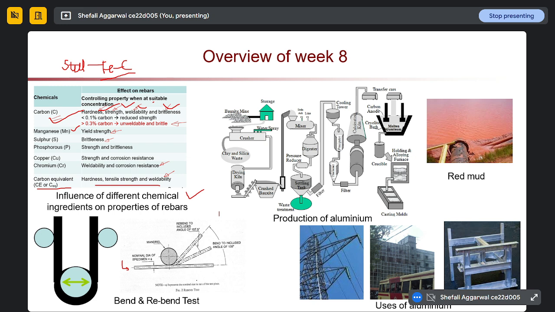Adding carbon to iron reduces its ductility and hardness and increases ultimate strength, but as we discussed in the last lecture, strength will reduce if carbon is less than 0.1. They didn't say it like that, ma'am. They just said adding carbon to iron reduces its ductility and increases strength, ultimate strength.